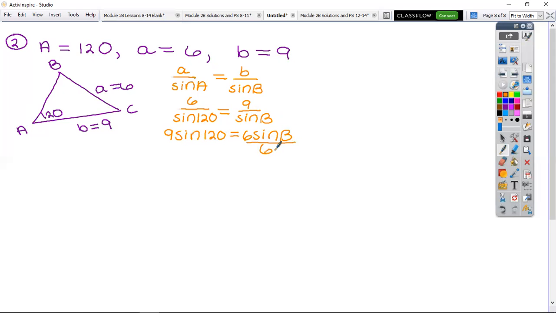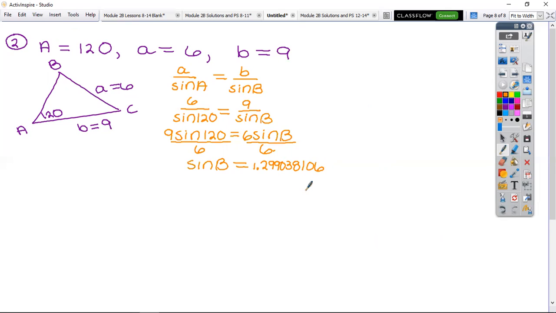Divide by 6. And the sine of b is equal to 9 sine 120 divided by 6, and I obtained 1.299038. And what do you notice when you try to do the inverse sine function of this?